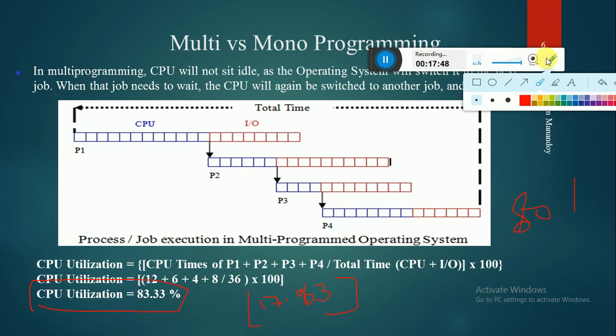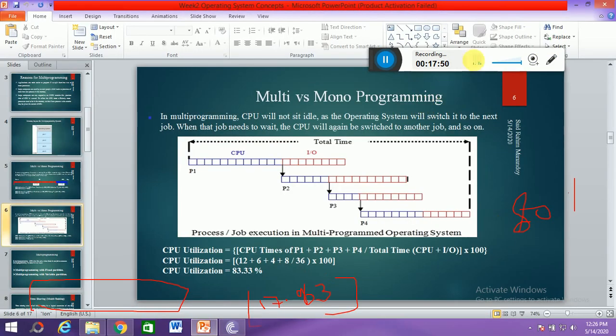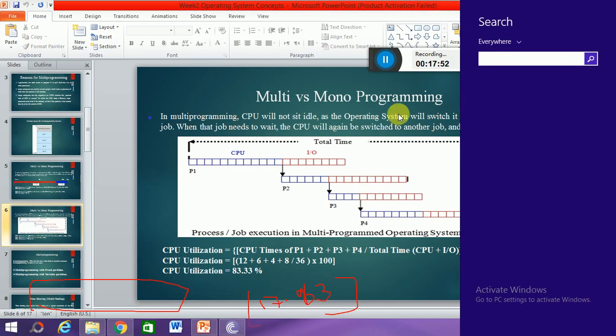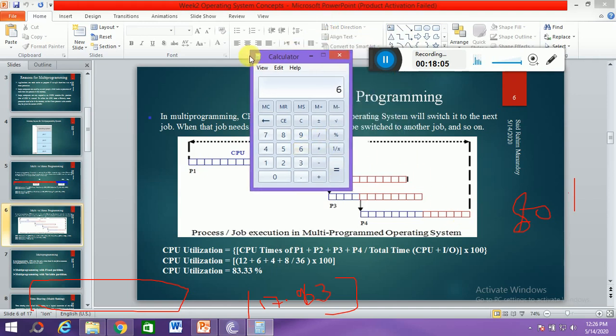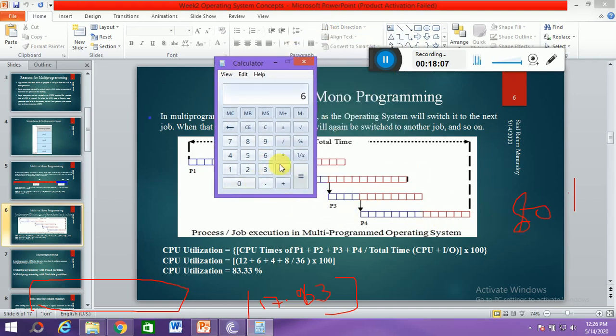Let me do it practically for you. Okay, what is the time of the IO? IO time is 6 milliseconds. 1, 2, 3, 4, 5, 6. So 6 divided by total. What is total? Total is 36.